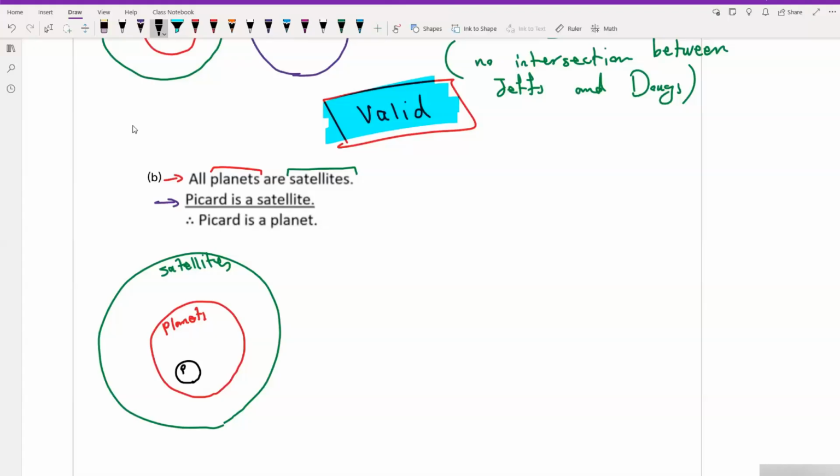You can have Picard on that part or here. So Picard could be a satellite or a planet.